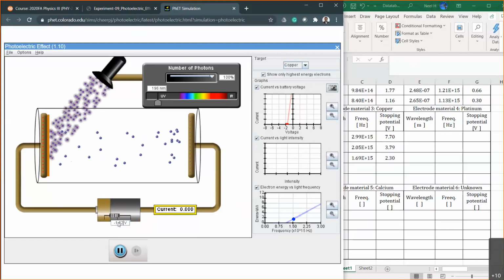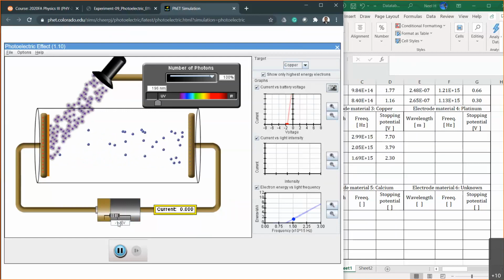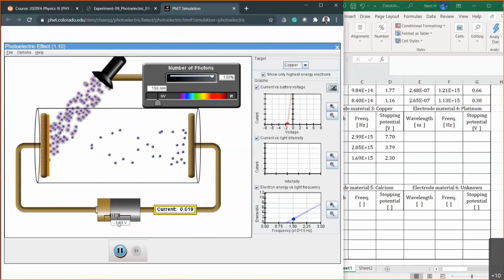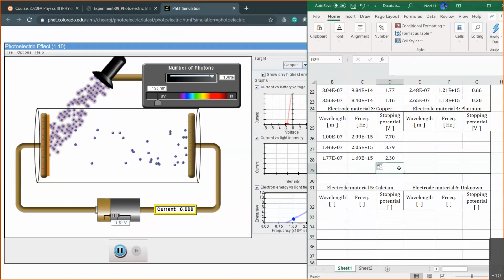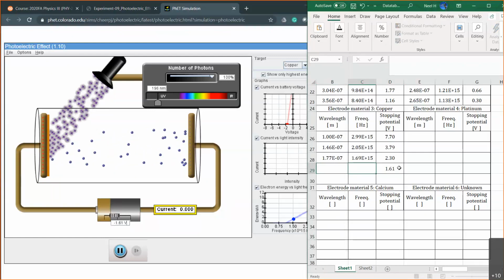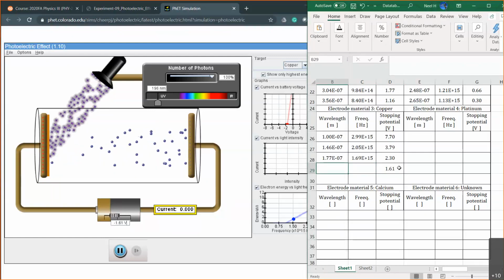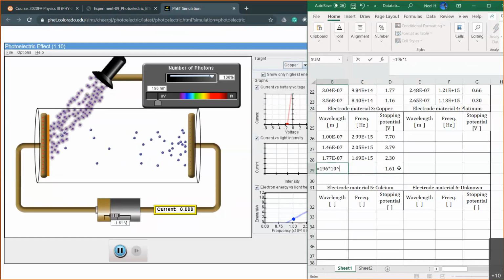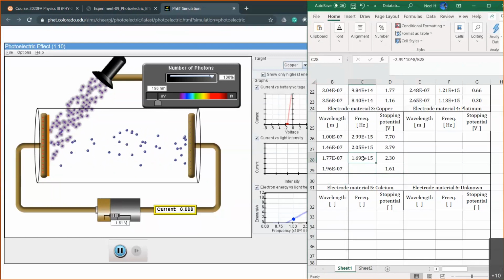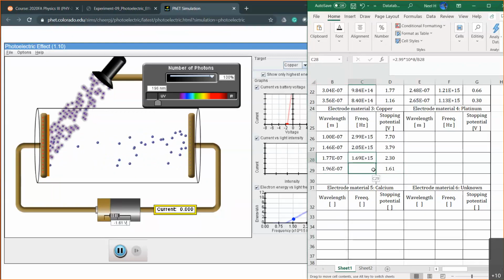Too high, I think. 1.61, yep. 1.61 reverse potential. The wavelength is 196, equal 196 times 10 to the power -9. And then frequency you can click and drag.